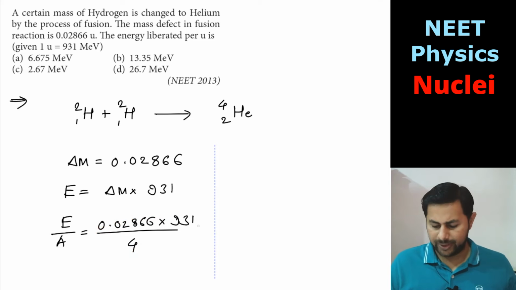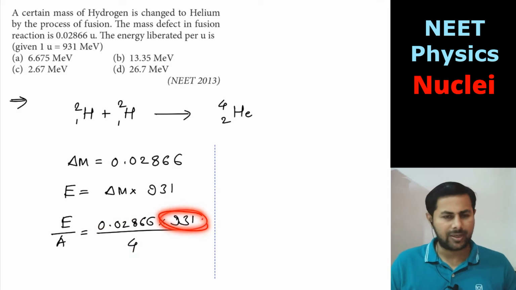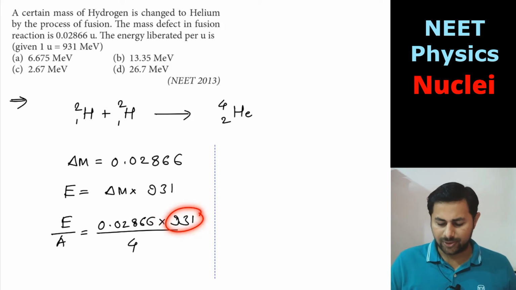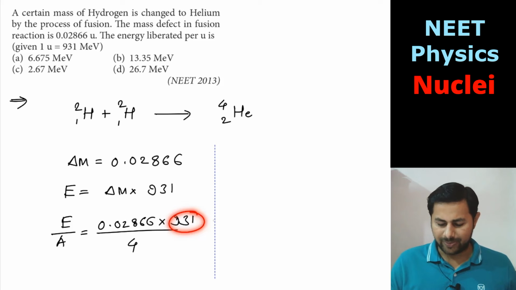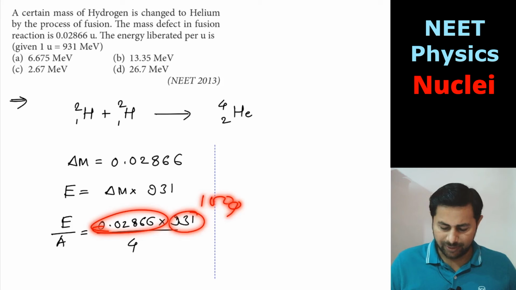See, in this kind of question, keep 931 as it is always, because this is slightly less than 1000, but it is good for rough approximation. So let's keep it like this, it's nearly 1000. Then divide this thing.